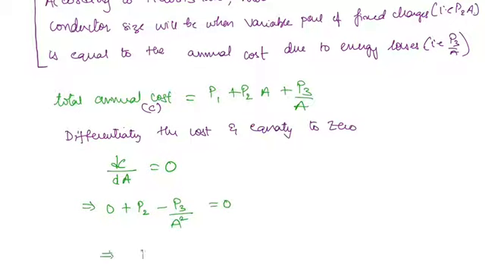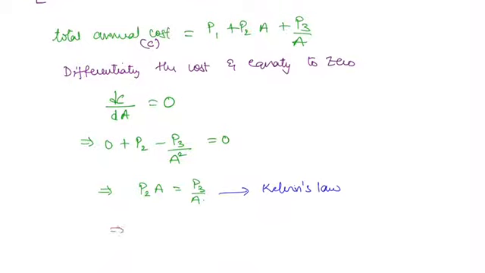This implies P2A is equal to P3 by A. So this is what we already stated in Kelvin's law. From here we can get the value of A. A is equal to root over P3 by P2. This will be the most economic choice of the conductor size.